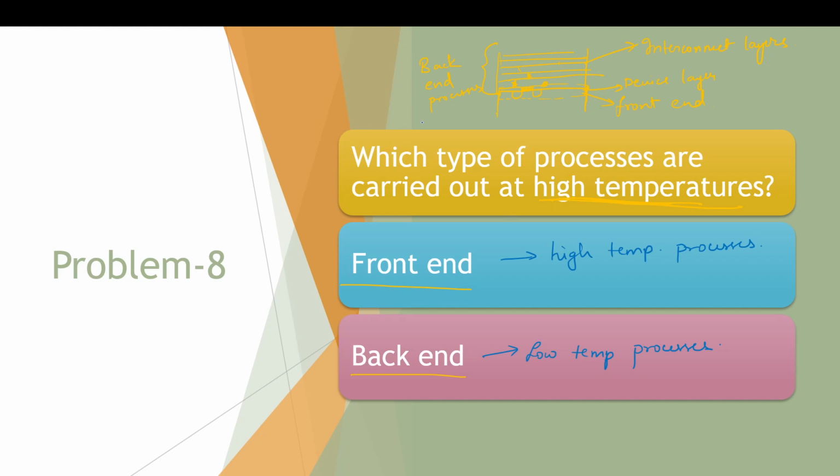Even some thin film depositions require high temperature, so those we will do at front end. Once we start putting metal, it becomes very difficult to do high temperature processes.